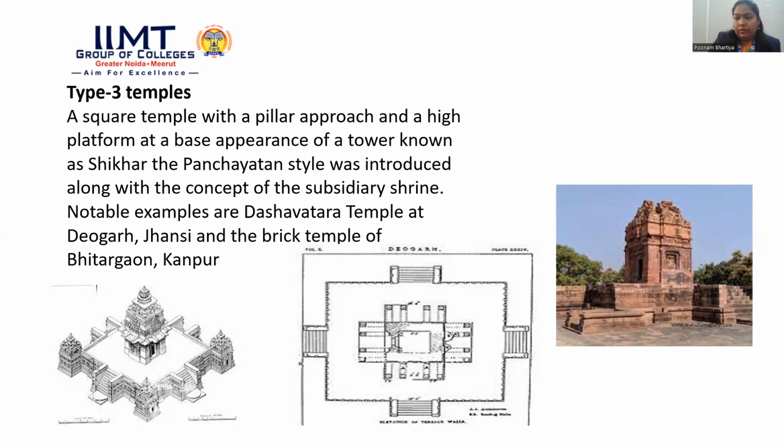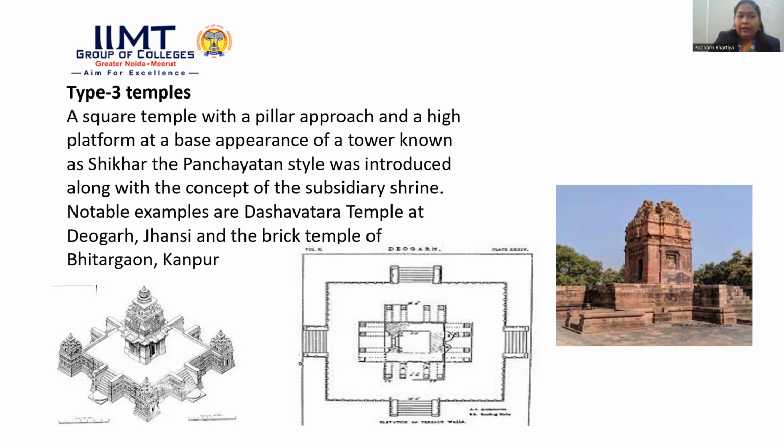Now, type 3 temples. There is a third type of temple. So they were an enhanced type of temple. Type 3 temples are a square temple with a pillared approach and a high platform at the base, with the appearance of a tower, known as Shikhar. The Panchayatan style was introduced.